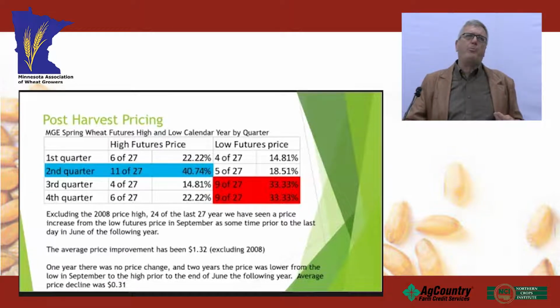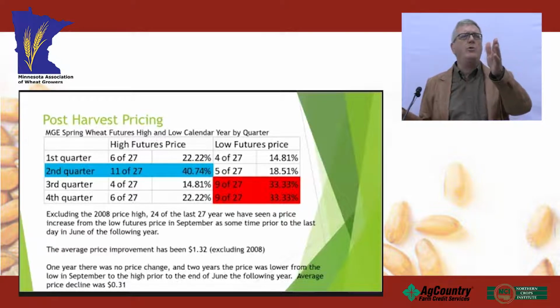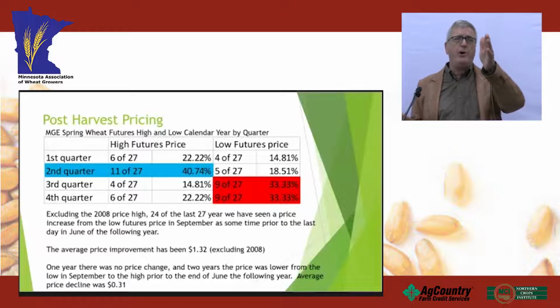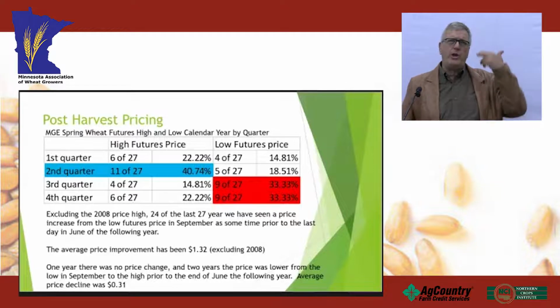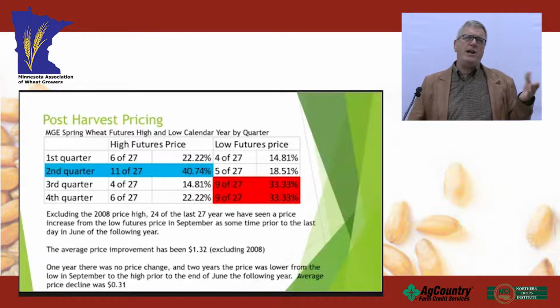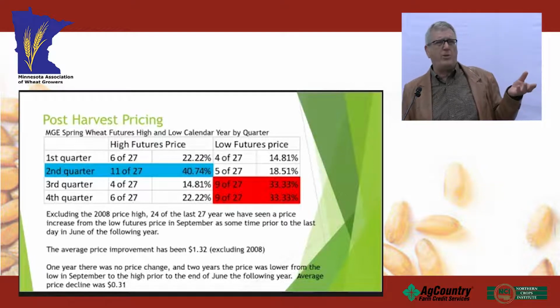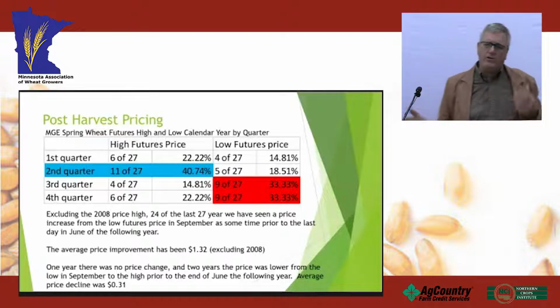And we had two years where the price was actually lower from January to the end of June than our September low. So it doesn't happen very often, but it can occur. So that $1.32 needs to be in the back of your mind. The range was anywhere from 28 cents to, I think, as much as $3.50.